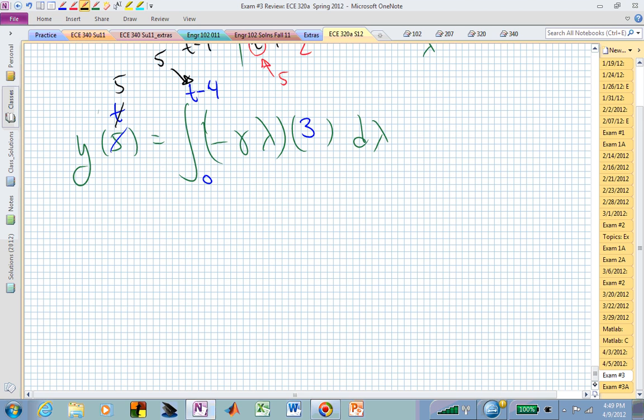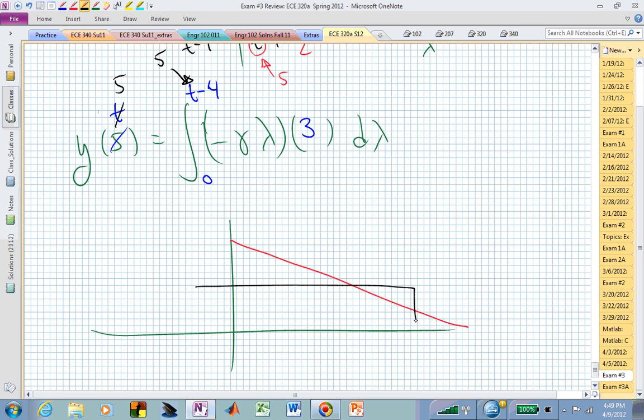So let me see if I understand your question. You're saying, what if the impulse response was that way or not? Which way? Like this? So if this is t minus 4, is that what you're asking?